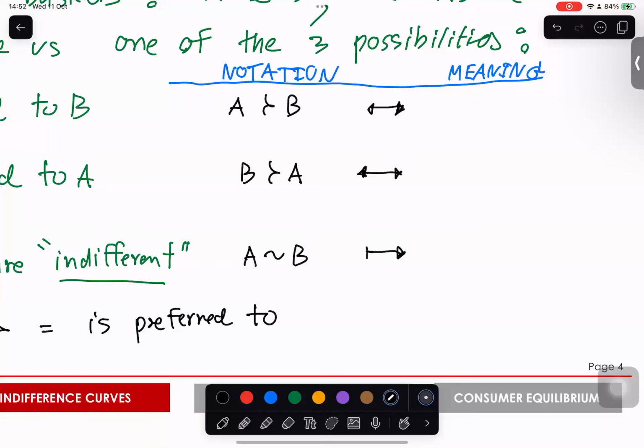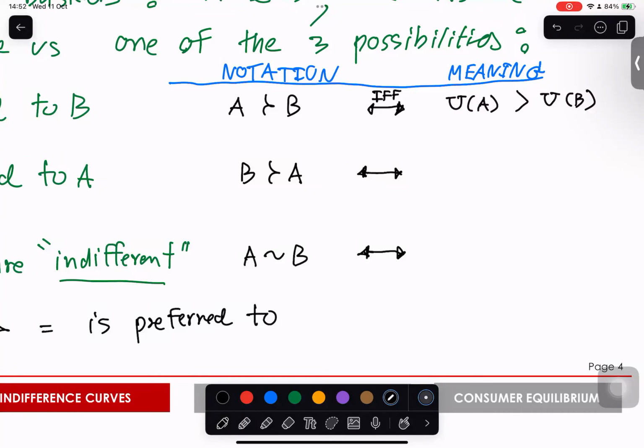And this symbol is if and only if, right? IFF, or if and only if. If and only if, this guy will say he loves to have A more than B. He must feel that U, utility or happiness, from basket A must be greater than utility derived from basket B. Now you can put the greater than sign.